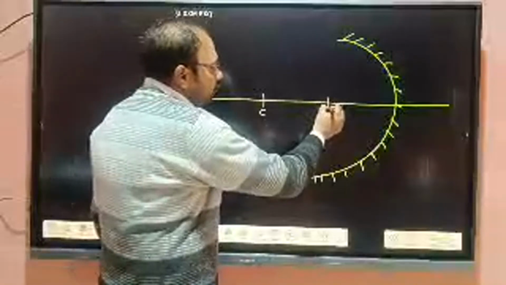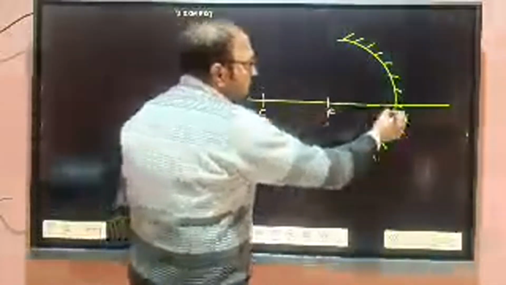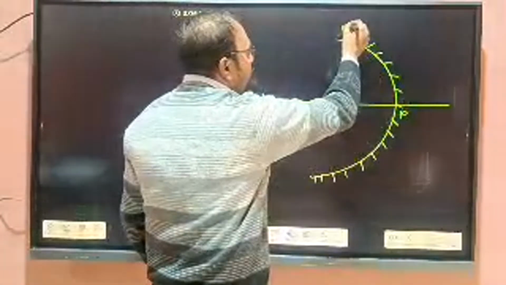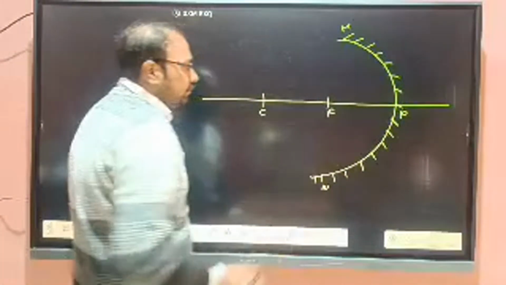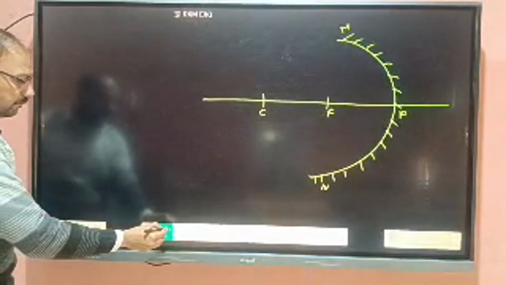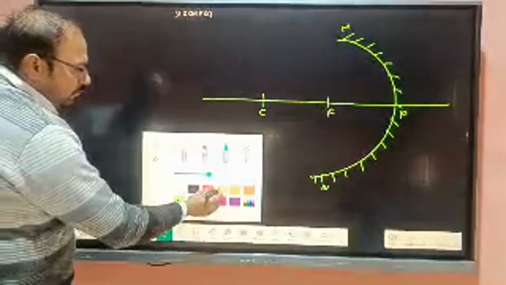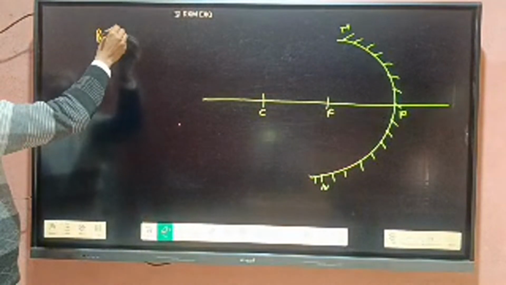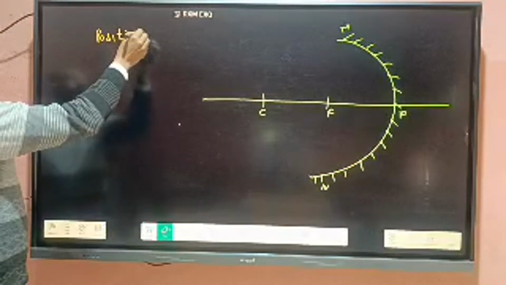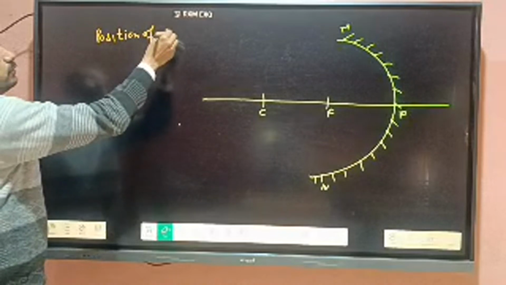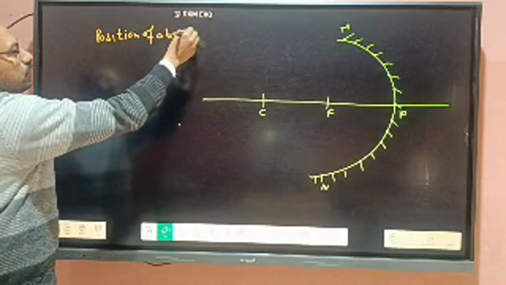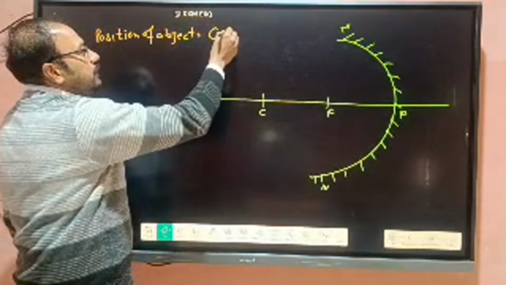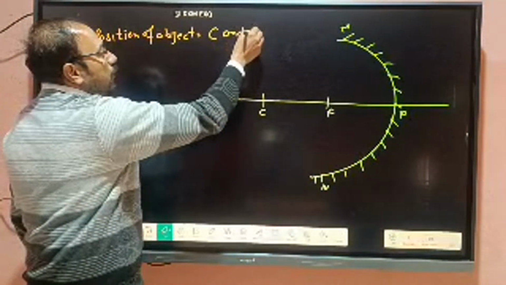This is known as the focus, the central part of the mirror is known as the pole, and MN is known as the aperture. So what is the position of the object? Here the position of the object is between C and F.